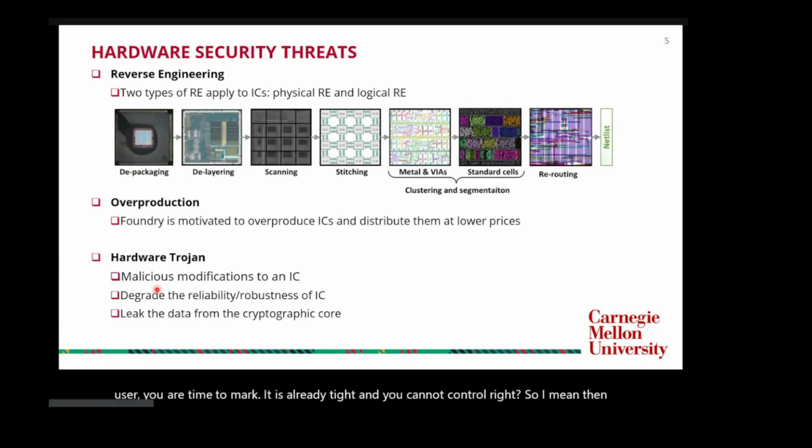For example, they put in a Trojan just to leak power, or disturb the timing a little bit. On the other end, for cryptographic cores, they try to leak information so that they can steal the key, right? So that is the hardware Trojan, and it is quite famous, and it exists in the industry, and there have been a number of reported cases.